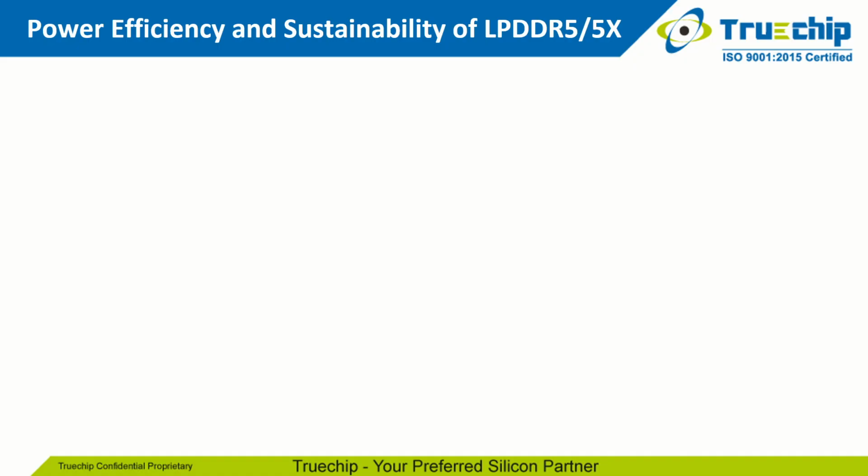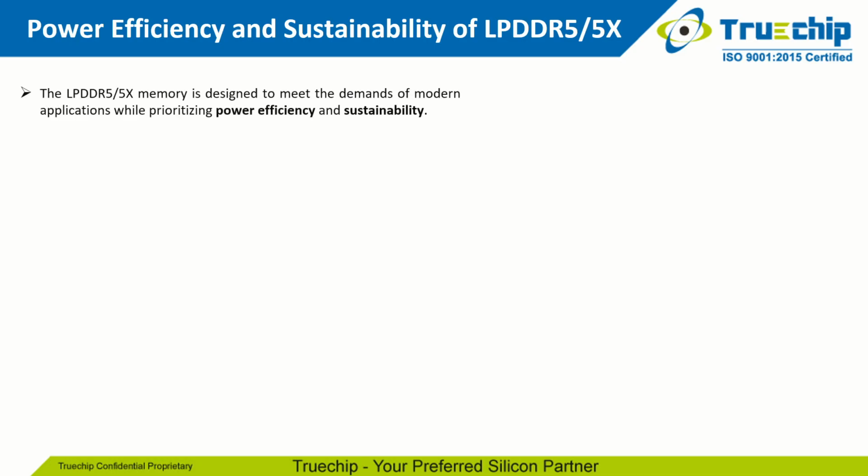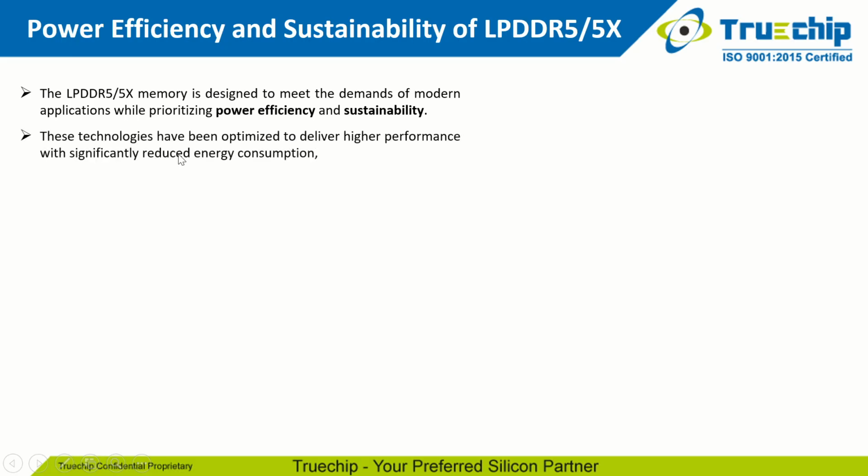About power efficiency and sustainability of LPDDR5 RAMs. The LPDDR5 memory is designed to meet the demands of modern applications while prioritizing power efficiency and sustainability. These technologies have been optimized to deliver high performance with significantly reduced energy consumption, aligning with the growing emphasis on environmental sustainability and energy consumption.